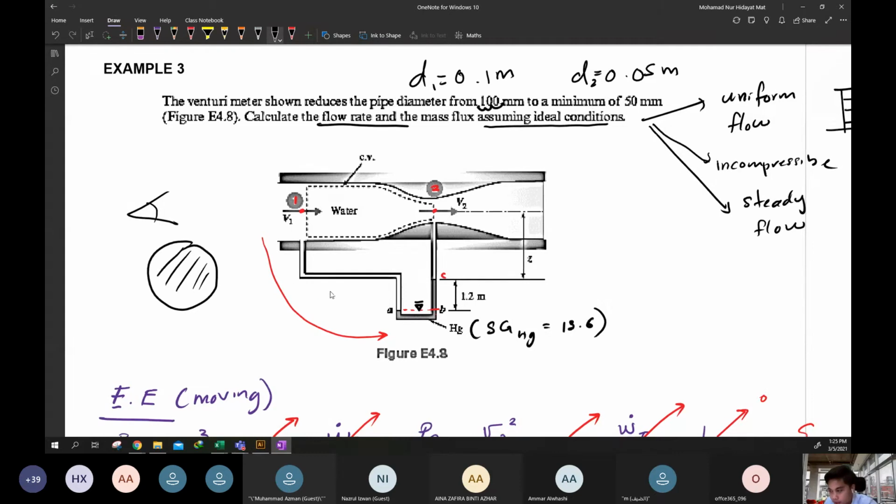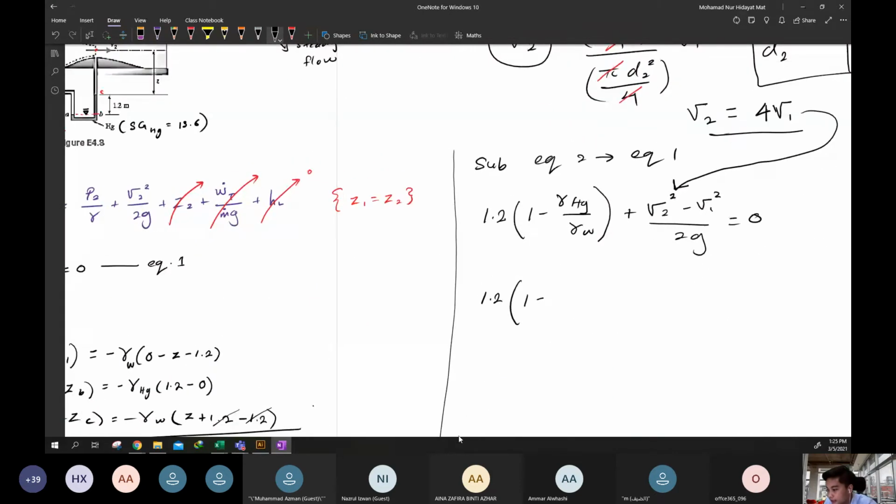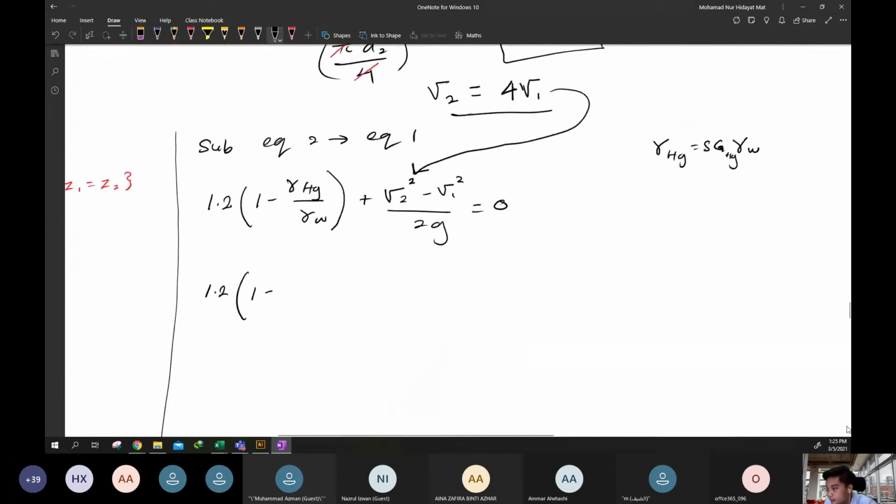Normally it will be given, don't worry. So replace the specific weight: specific weight of mercury, which is 13.6 gamma of water over gamma of water. I think you can cancel out this part and this part.